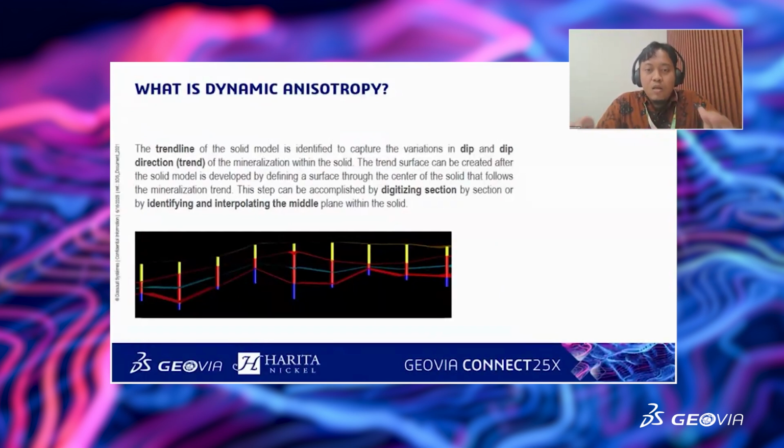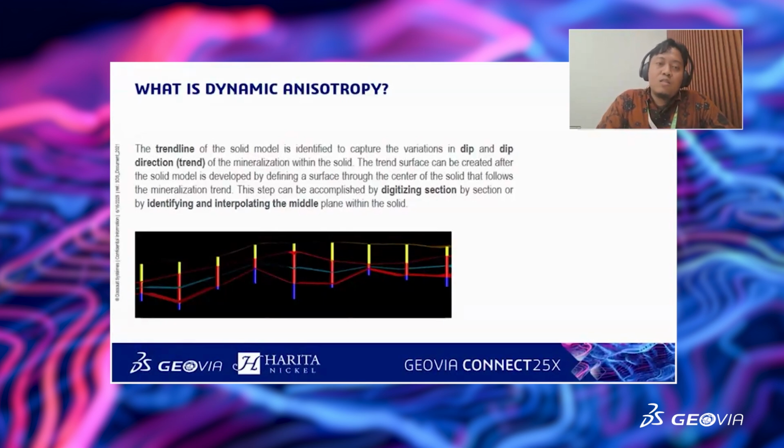After we create the solid model, in this case using constrained Delaunay triangulation, the trend line is the line connecting the center of our model. There are two ways to create this trend line and trend surface: by digitizing sections manually, and the second is to identify and extract automatically by interpolating in the middle plane of the solid.